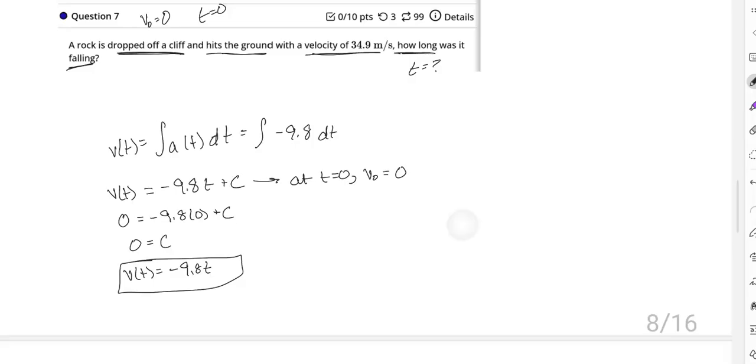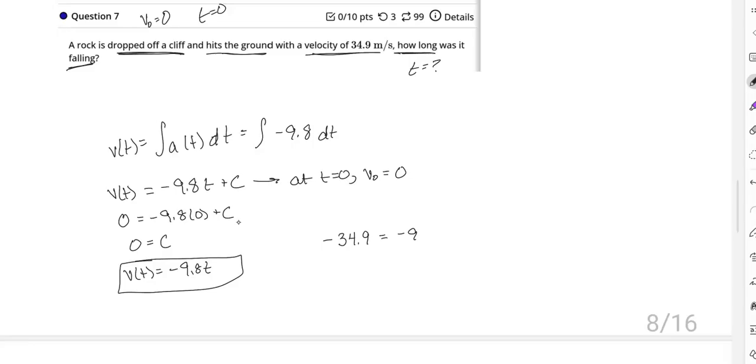So now I know the velocity when it hits the ground, and because it's falling, that would be a negative velocity. Velocity has a direction in addition to a magnitude. So that negative tells us that it's falling. If we were to throw something up in the air, then it would have a positive velocity in the beginning, and then once it starts coming down, it would have a negative velocity.